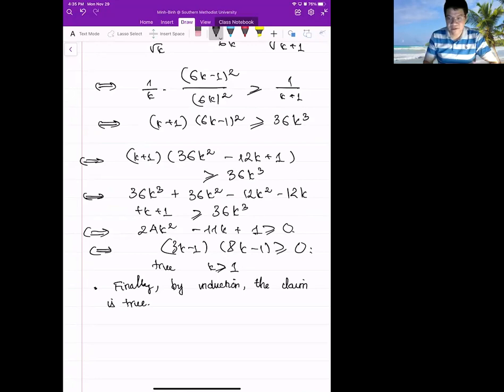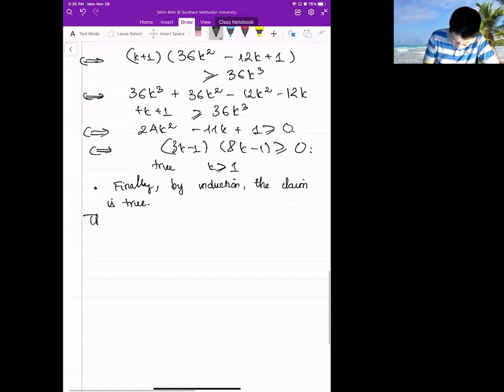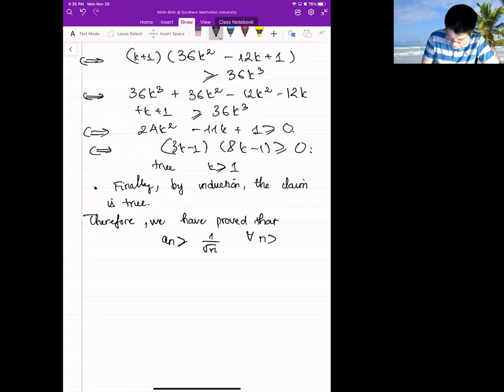All right. So because by induction the claim is true, we have proved that a_n is bigger than 1 over square root of n for n bigger than or equal to 0.